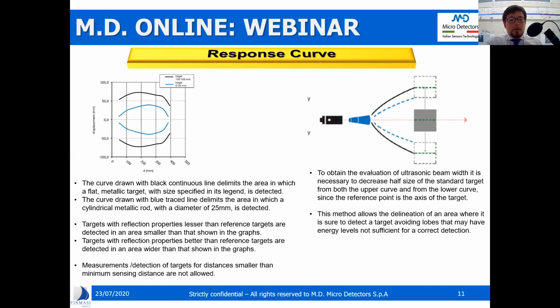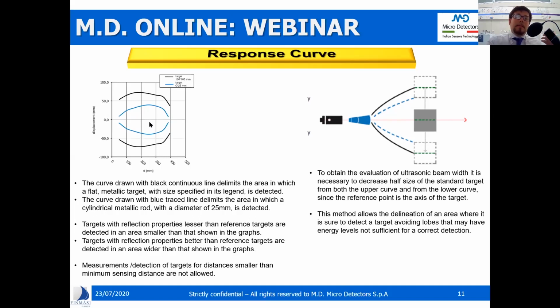And as you can observe by this diagram, we have a very wide, let's say, acoustic beam. On the other side, if we use another kind of target, in this case a round object with a diameter equal to 25 millimeters, another acoustic cone is drawn, and it is this one, the blue one. What does it mean?